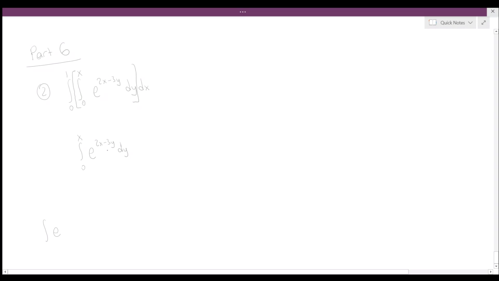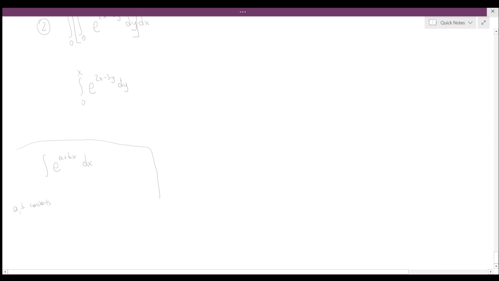Now, we're trying to integrate an exponential. And in the exponent, we have something that looks like this, where a and b are just constants. And that's because since we're integrating with respect to y, we are treating 2x as if it were a constant.